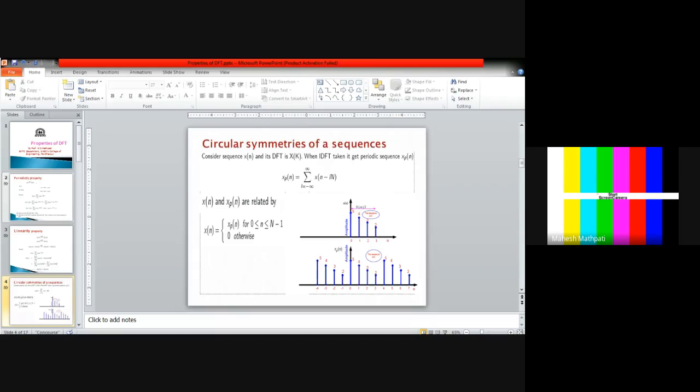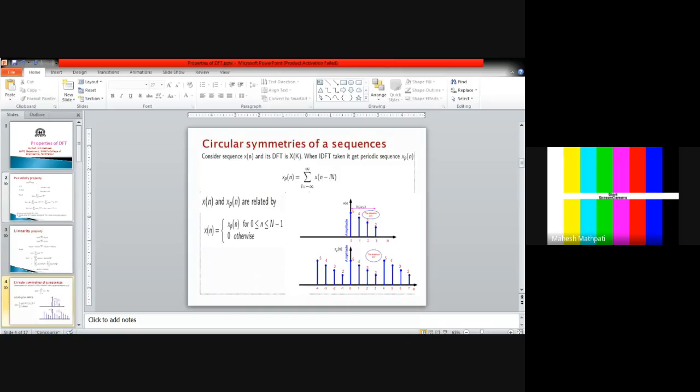In the DFT we wrote the definition with k equals 0 to N minus 1 or n equals 0 to N minus 1. So then the relation we write is x of n equals xp of n for 0 less than or equal to n less than or equal to N minus 1, and 0 otherwise. With this diagram we can understand it very easily.